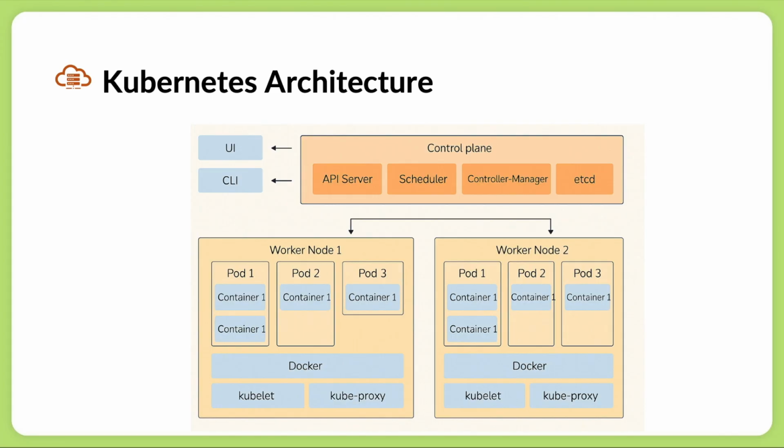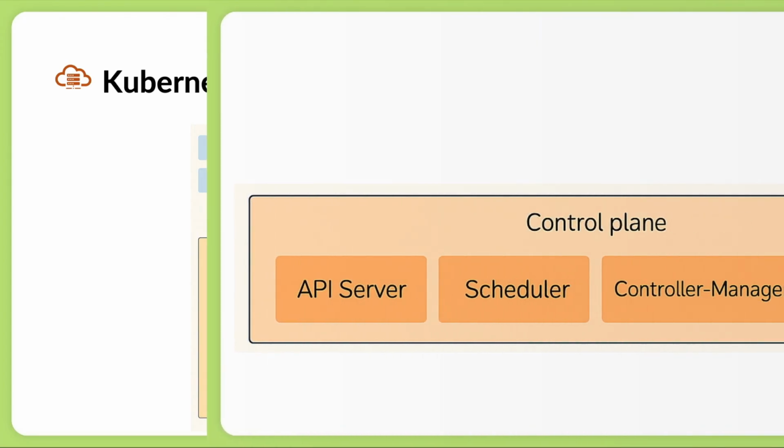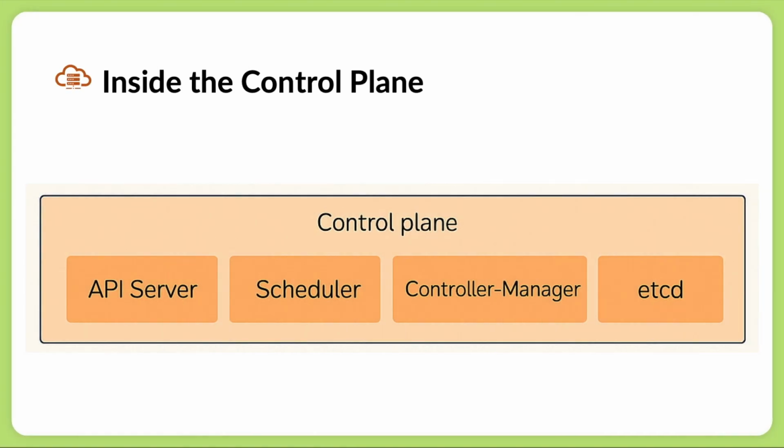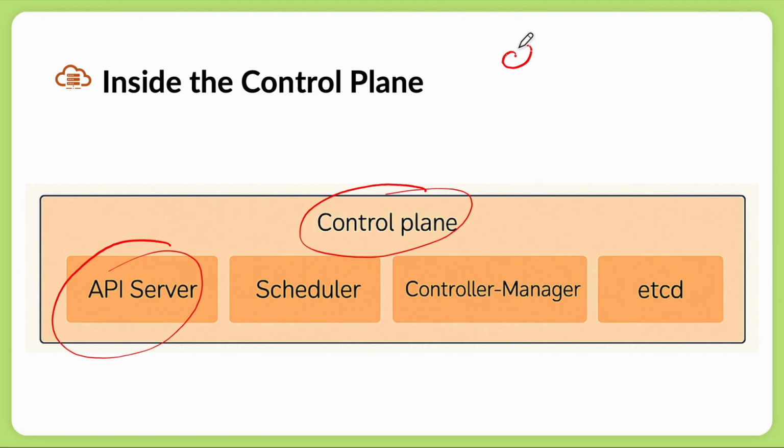Now let's go ahead and see what is inside the control plane. In the control plane, we have 4 components. First is the API server, which is the front door of the control plane. As a user, when we want to send any request, we send it to the API server.